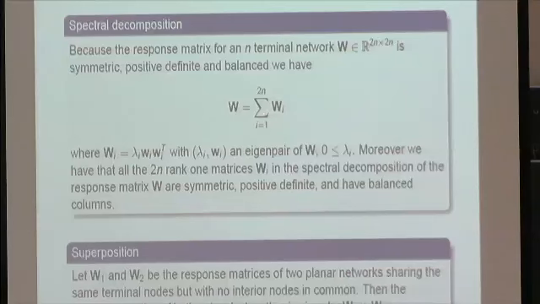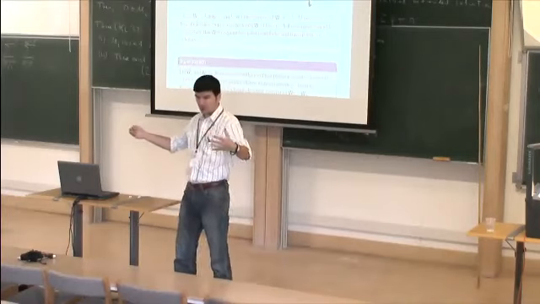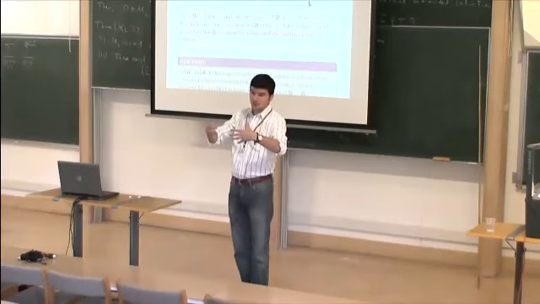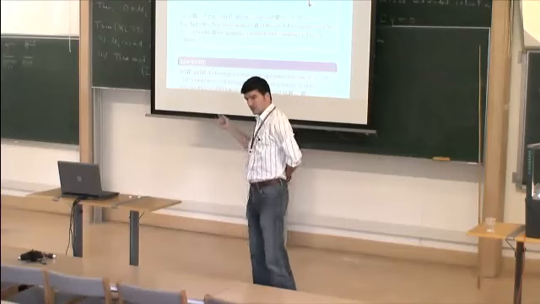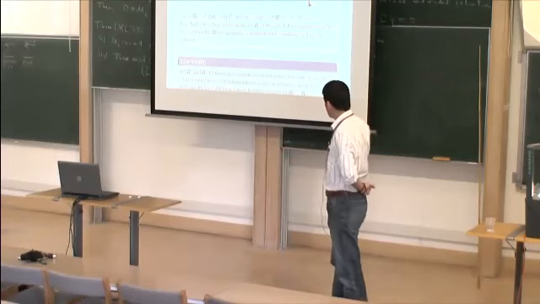And once you show this for rank 1 matrices, then the superposition principle tells you that if you have two response maps for a network with the same terminals, then the response function of the two networks altogether, when you consider the two networks as one, is the sum of the response functions of the networks. So this is a superposition.